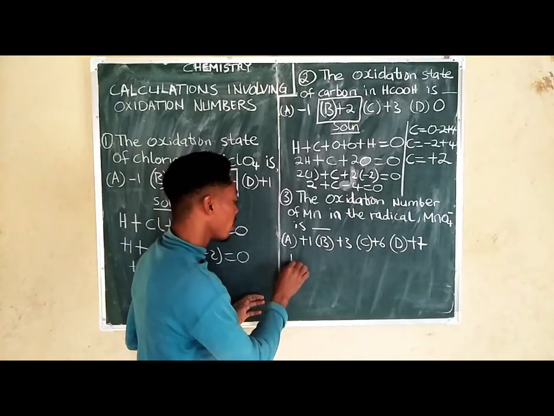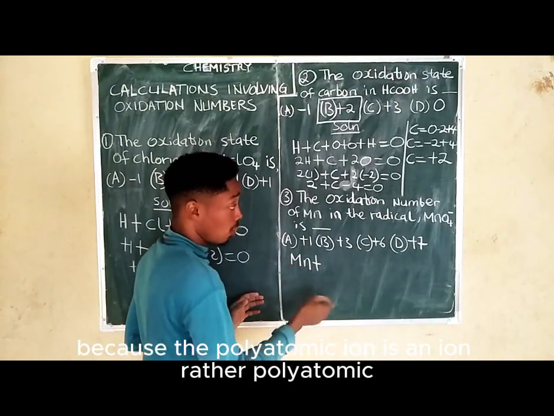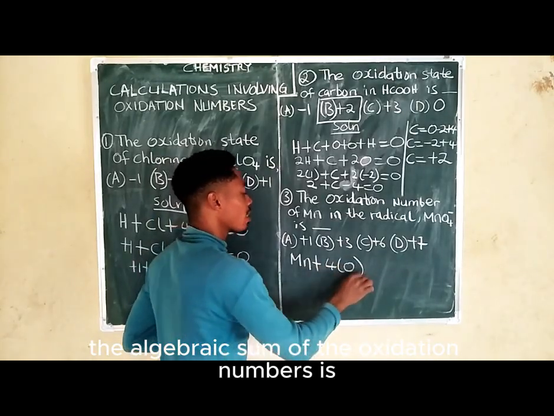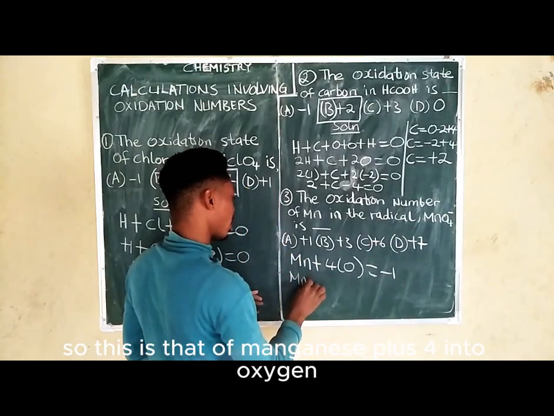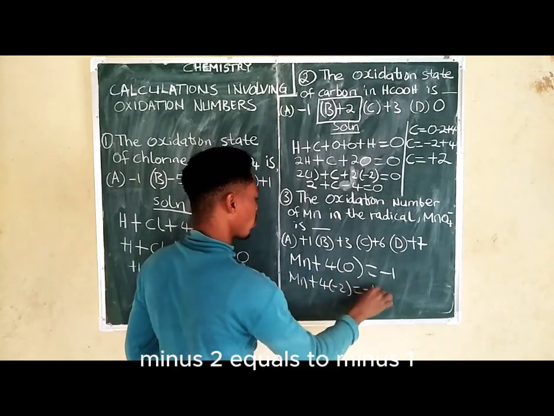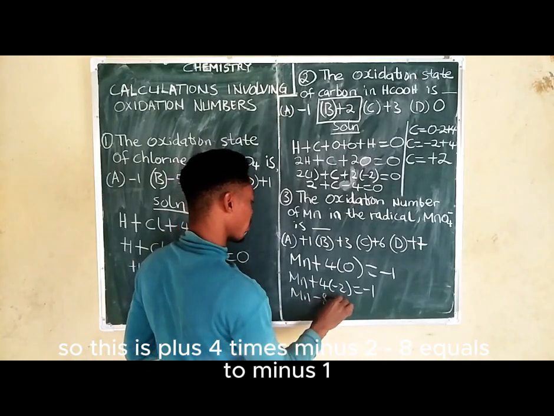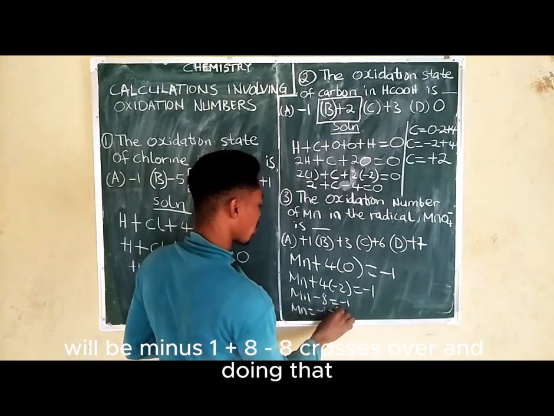Apply the rules, because the polyatomic ion is an ion. The algebraic sum of the oxidation numbers is equal to the charge, and the charge is minus 1. So this is that of manganese plus 4 into oxygen minus 2 equals minus 1. So this is plus 4 times minus 2, minus 8, equals minus 1. That of manganese will be minus 1 plus 8.